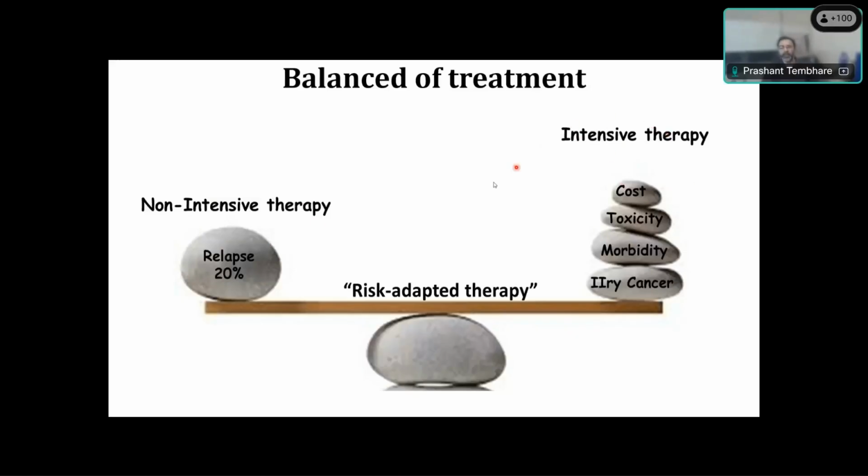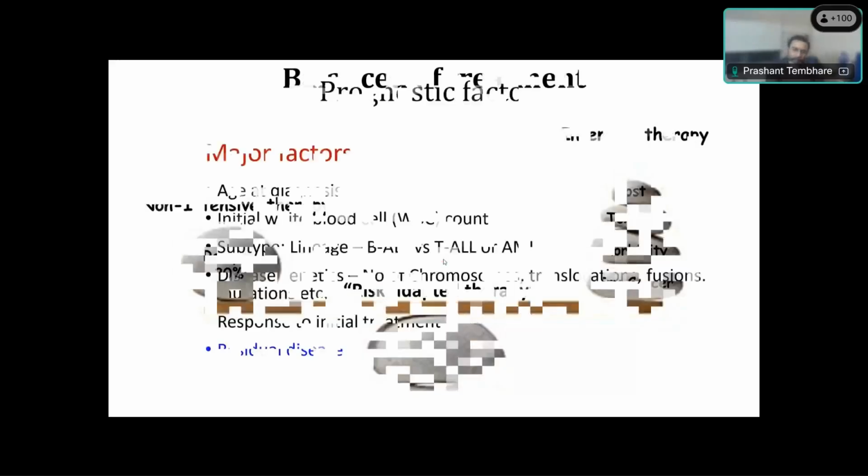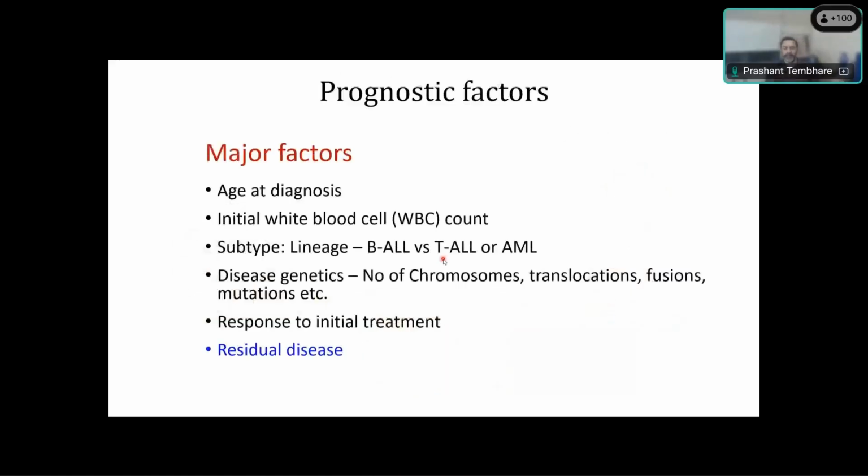Now this type of approach is called risk adapted therapy, because you are changing the treatment strategy based on the risk, whether it is high risk disease or low risk disease. Now, currently, the risk stratification is based on the major factors which affect the prognostication.